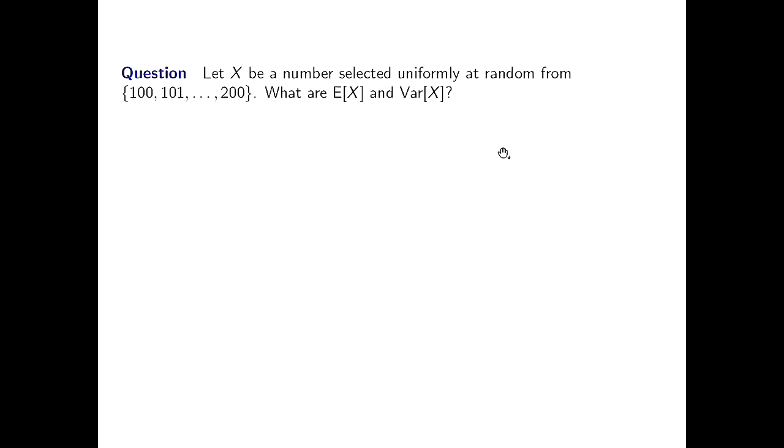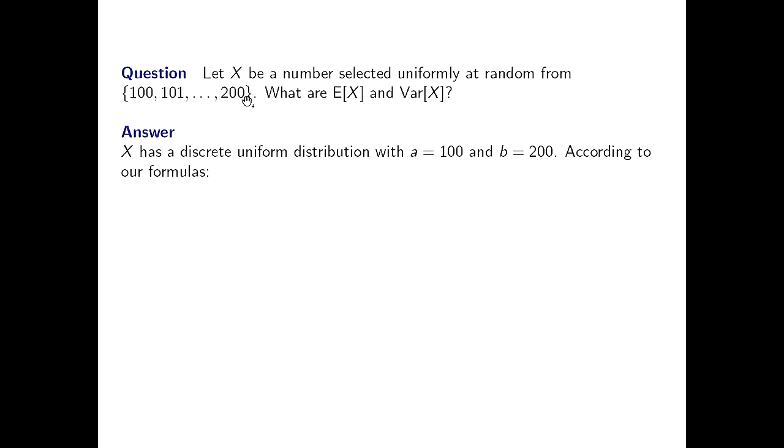So let's look at a question. If x is a number selected uniformly at random from the numbers 100 up to 200, what's the expected value and the variance? Well, our quick way of answering this is to say this is a discrete uniform random variable, right, with A equals 100, B equals 200.